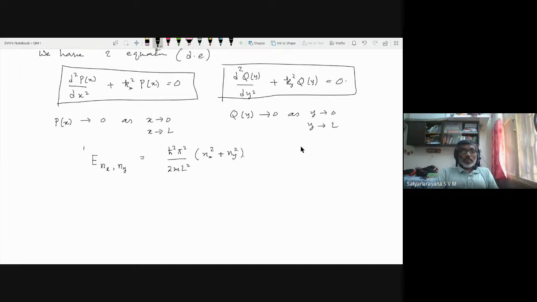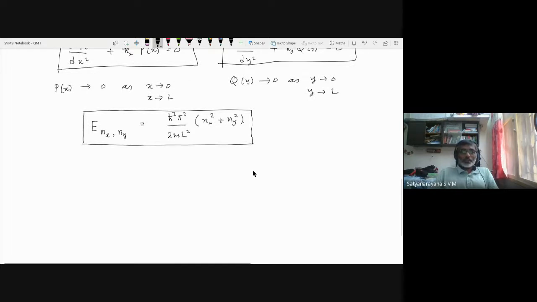This is the energy eigenvalues. We can read this out from our earlier understanding of the one-dimensional box. This is just the sum of the energies corresponding to two one-dimensional boxes, nx square plus ny square.